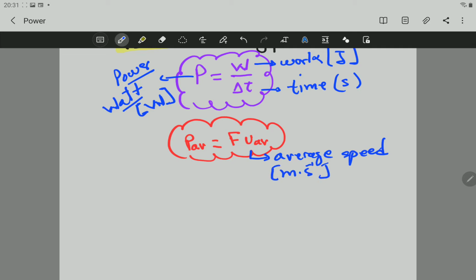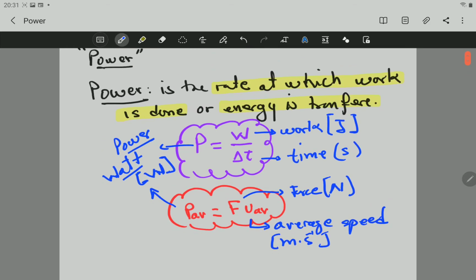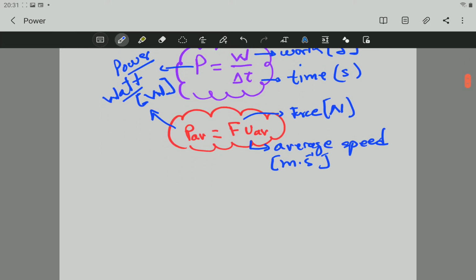This is force, and the force is in newtons. So this is all about power. Power is the rate at which work is done or energy is transferred. There is the formula, and power can also be calculated by the product of force and the average velocity.